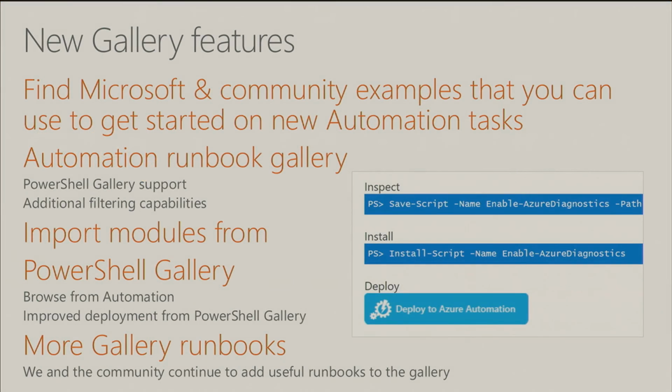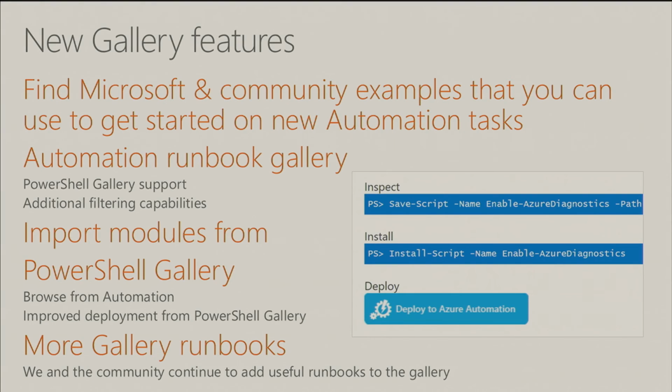Another great feature that we offer in Azure Automation is gallery support. And by this, I mean different repositories for scripts that you can access. Now, in the past, we only offered support for Script Center, but we're proud to announce that we're currently offering support for both Script Center and PowerShell Gallery, which is a robust community-supported PowerShell script repository.